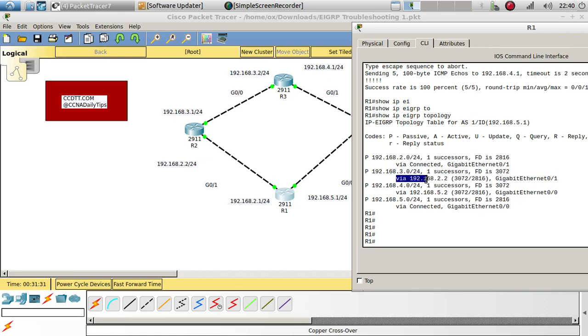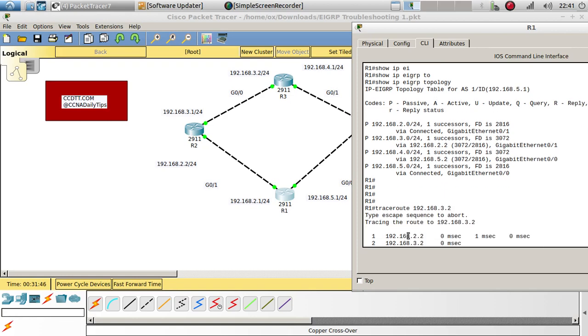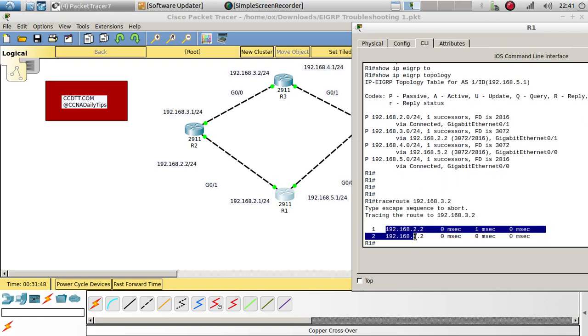As you can see right here, it is going via router 2. Okay, so if we do a traceroute 192.168.3.2, you can see right here we are taking this router 2.